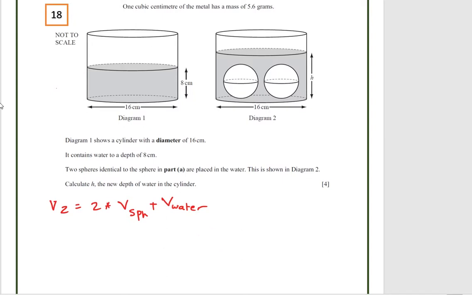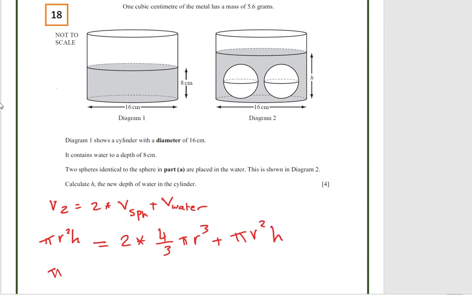Volume 2 is pi r squared h, the volume of all of the water plus the spheres, equal to 2 times 4/3 pi r cubed plus the volume of the water in the first cylinder, pi r squared h.